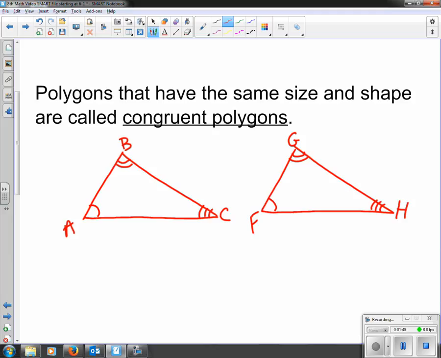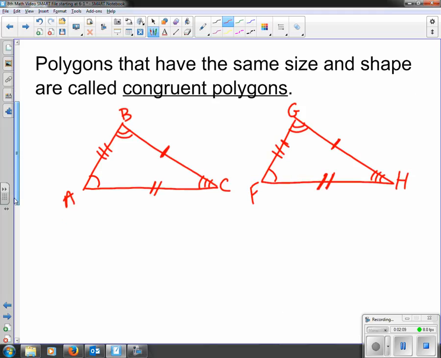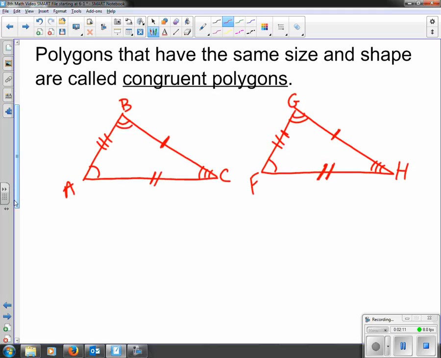So line BC right here is the same as GH. Line segment AC is the same as FH right here. That's the same. And then AB is the same as FG. They're all congruent. So angles are congruent and the sides are congruent.